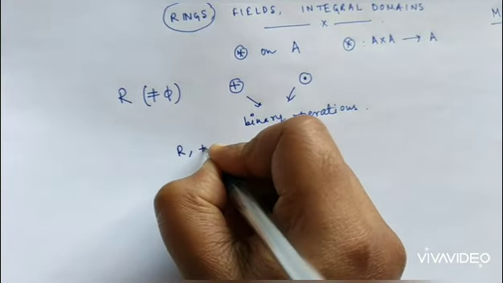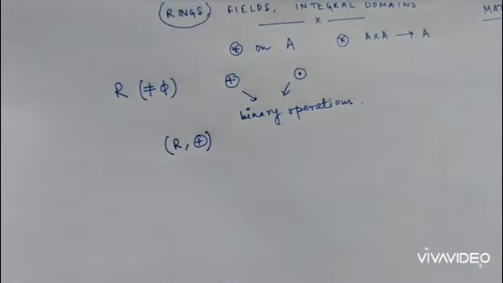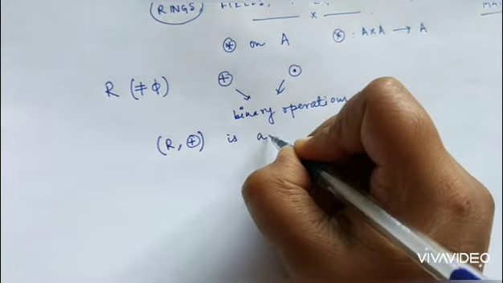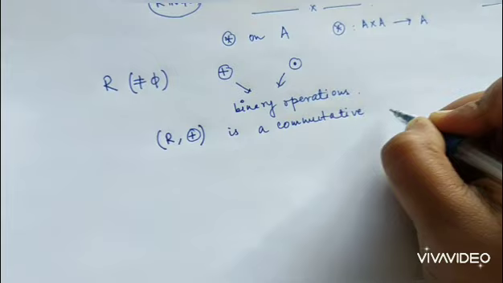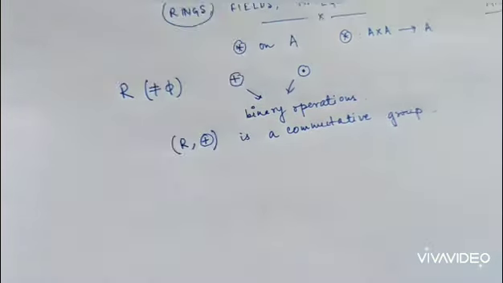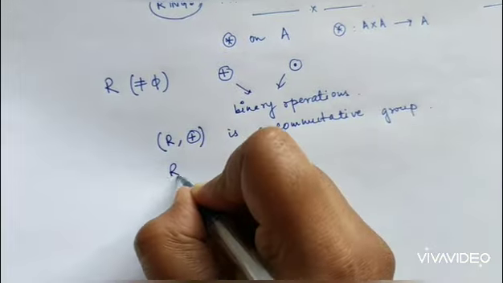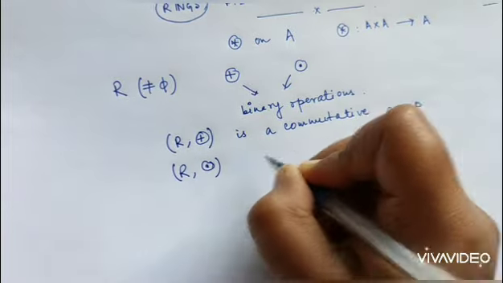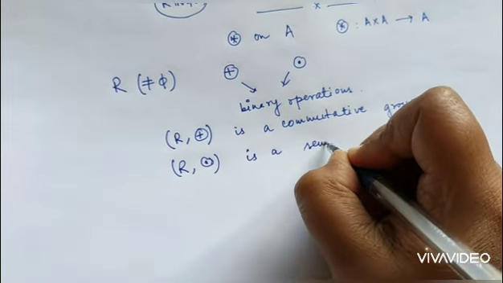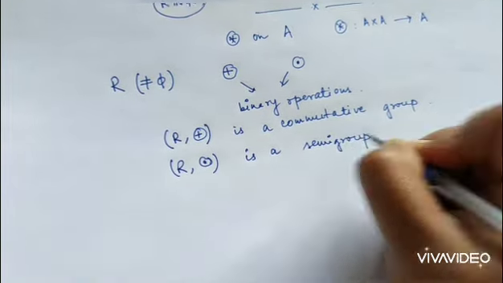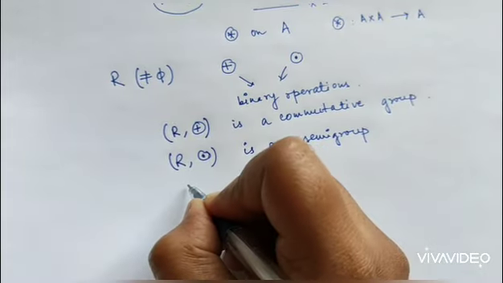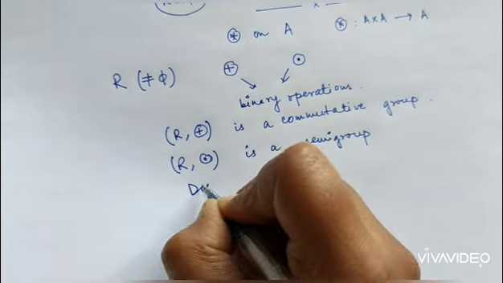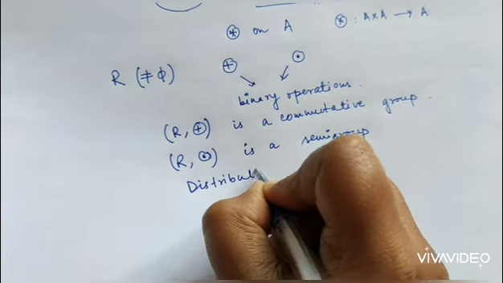Firstly, R with respect to the first binary operation plus is a commutative group. R with respect to the second binary operation is a semi-group. And the third axiom, they satisfy distributive properties.